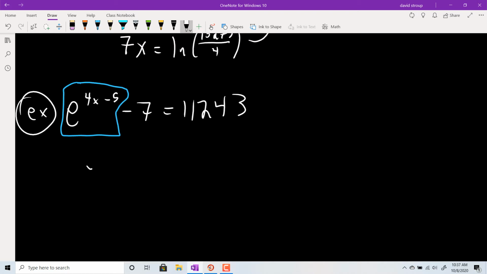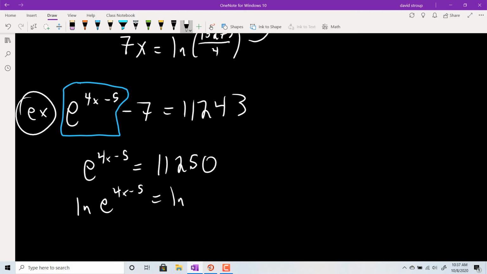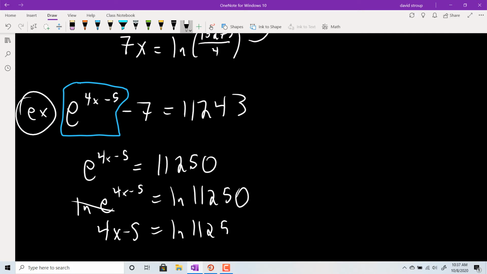So I'll add 7 to both sides. 11250. And then I'm going to take the log on both sides. Okay, cancellation equations gives me 4x minus 5 here. And then I've got to solve for x. So add 5 to the other side.